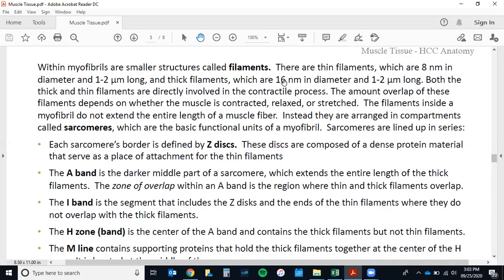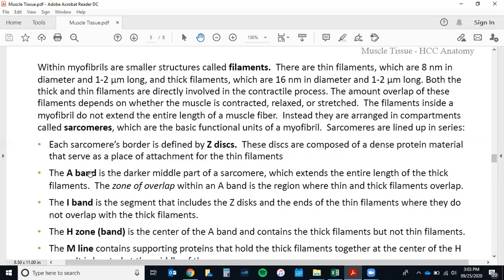So the thick filament's twice as thick as the thin. Both of these thick and thin filaments are the structures that are directly involved in the contractile process. The amount of overlap of these filaments depends on whether the muscle is in a contracted, relaxed, or stretched state. You'll see a picture in a slide or two that really shows you what that all means.